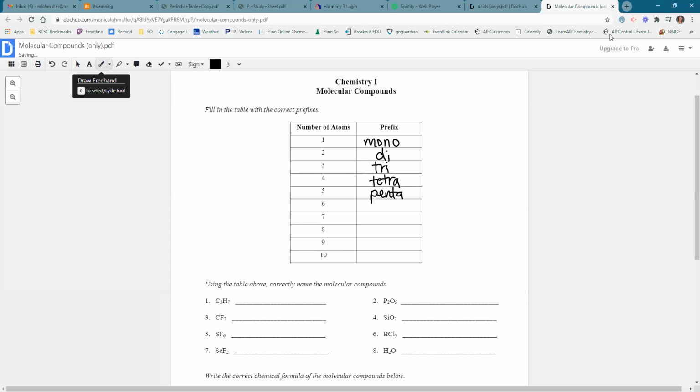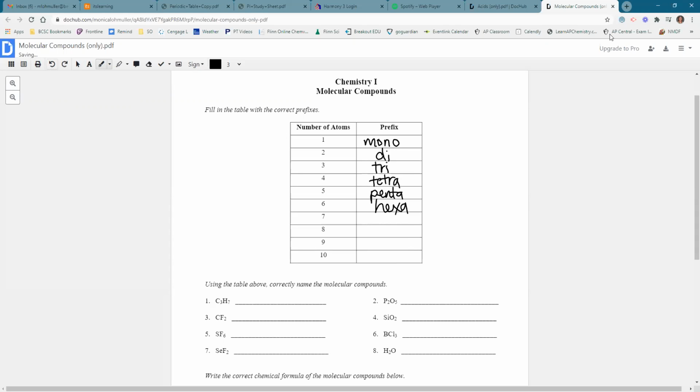6 is hepta. No, that's not right. It's hexa. Oops, kidding. I got 6 and 7 mixed up. So 6 is hexa, like a hexagon, and 7 is hepta. 8 is octa, like an octopus. 9 is nona, and 10 is deca, like a decade.